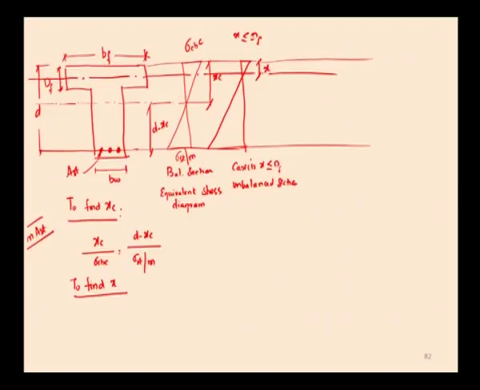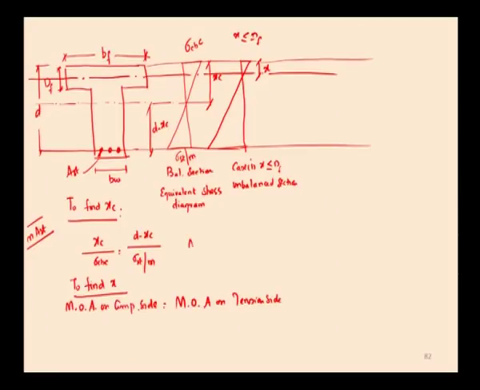When the neutral axis lies within the flange, what will be the depth of neutral axis? Normally, in the case of an unbalanced section, the neutral axis is situated at the center of gravity of the section. So, to find out the actual depth of neutral axis, we need to equate the moment of area on the compression side to the moment of area on the tension side.